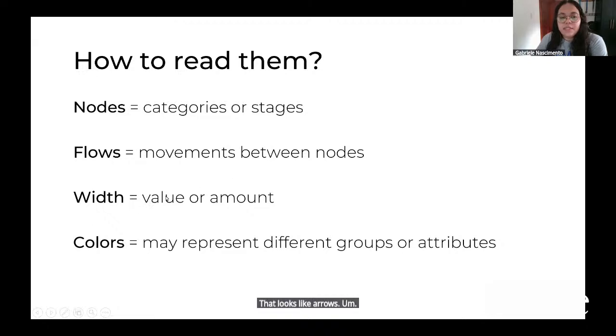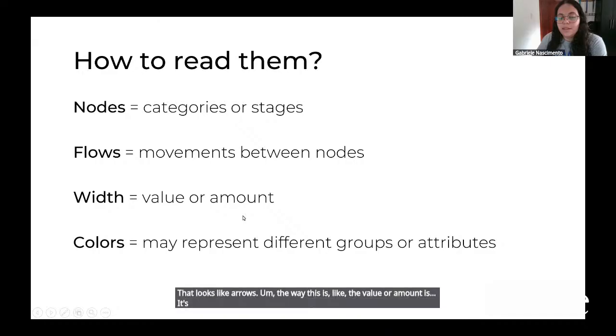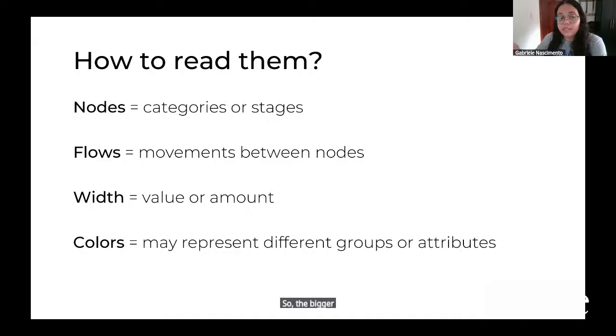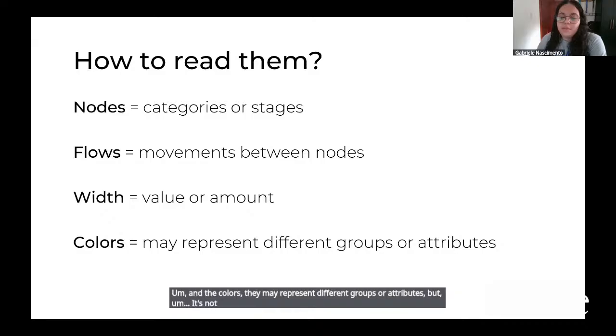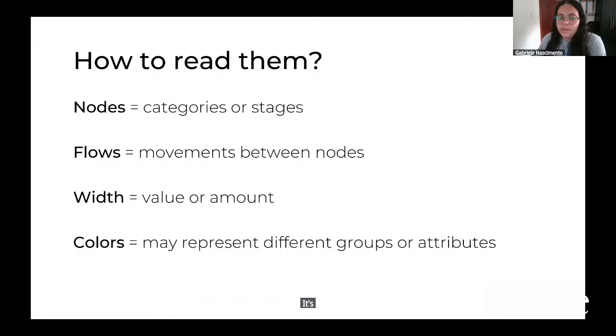The width is like the value or the quantity, so the thicker it is, the bigger the value. And the colors may represent different groups or attributes, but it's not mandatory to have different colors. It's just an easier way to show different things.